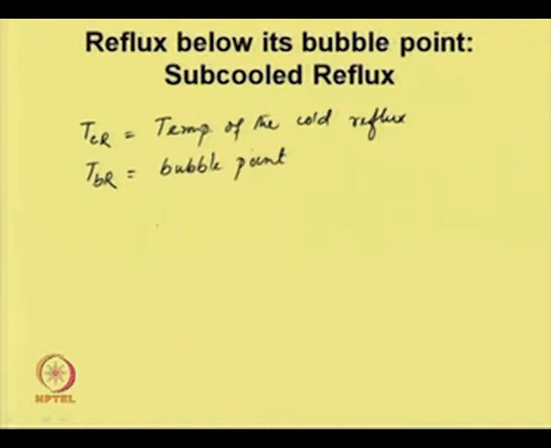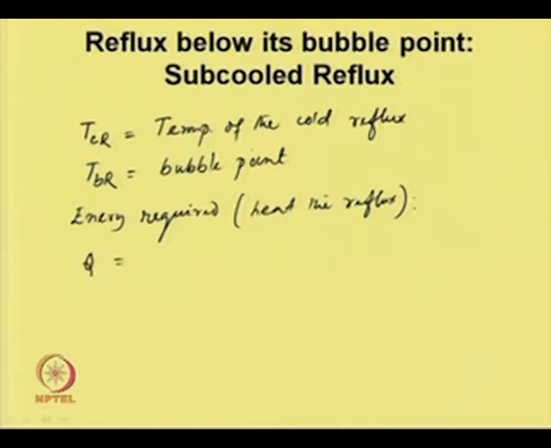Then the energy required to heat the reflux, we can write, Q is equal to L naught, the flow rate, CPR, MR, into TBR minus TCR.